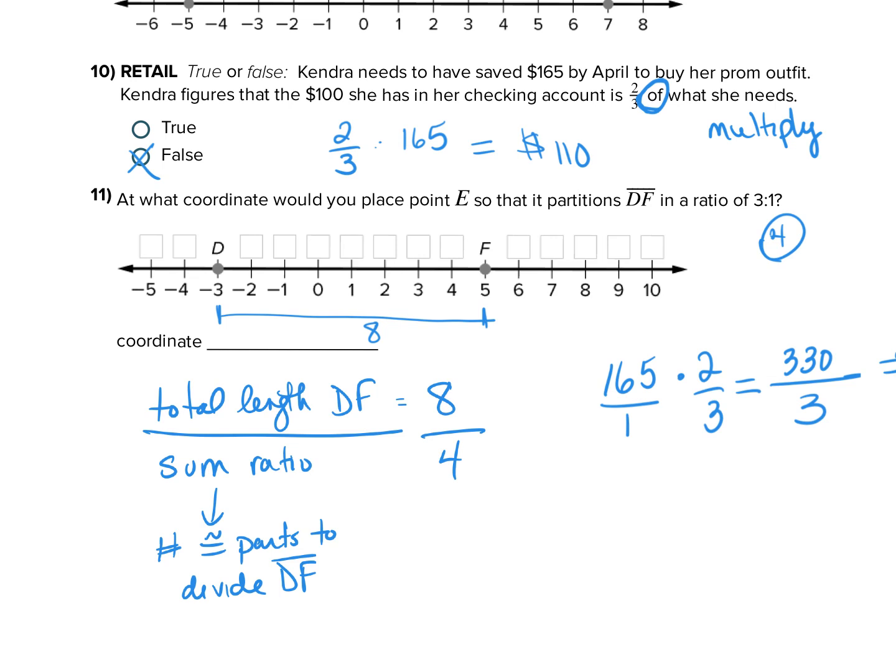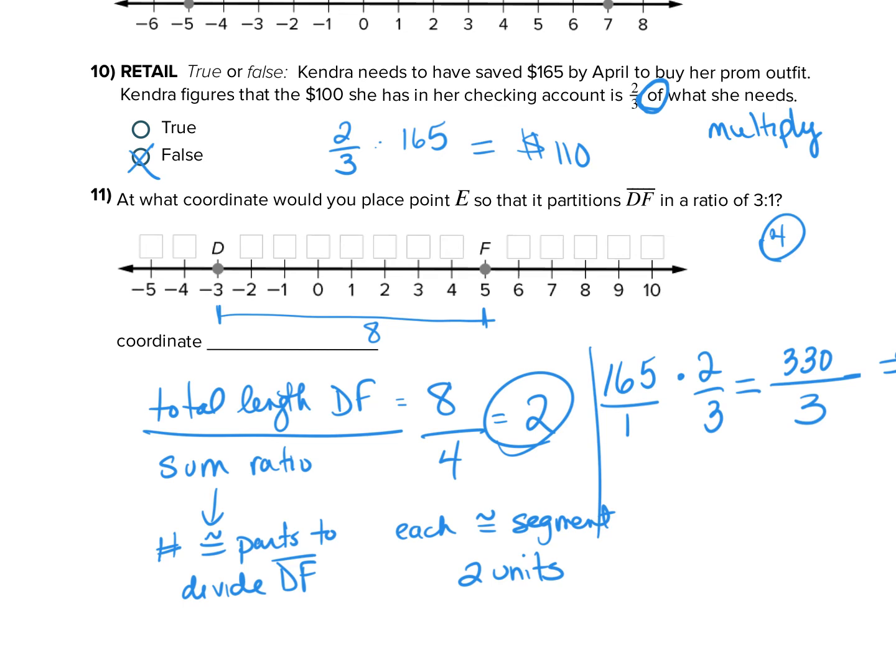Doing 8 divided by 4, that's 2. So that means that each congruent piece or segment of DF will be 2 units in length.